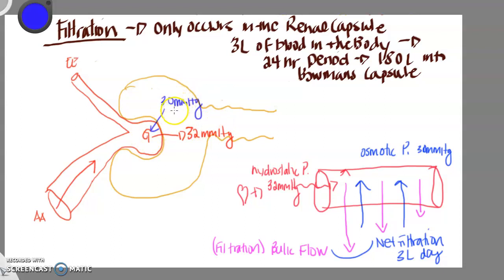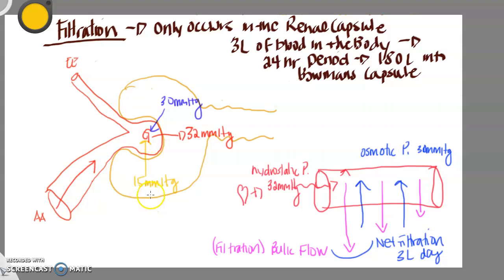All right. There's also, this Bowman's capsule isn't empty. Okay, it doesn't have nothing in it. It has fluid in it. So there's a pressure coming from that as well. So that's pushing stuff into the glomerulus, and it's about 15 millimeters of mercury.